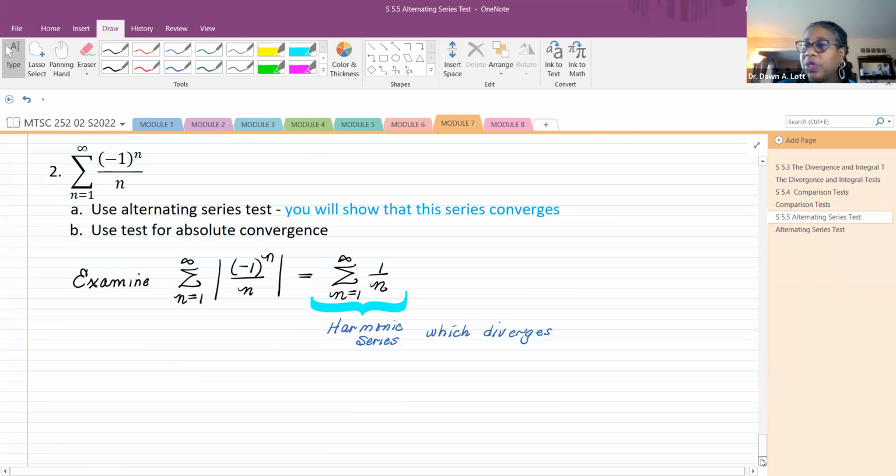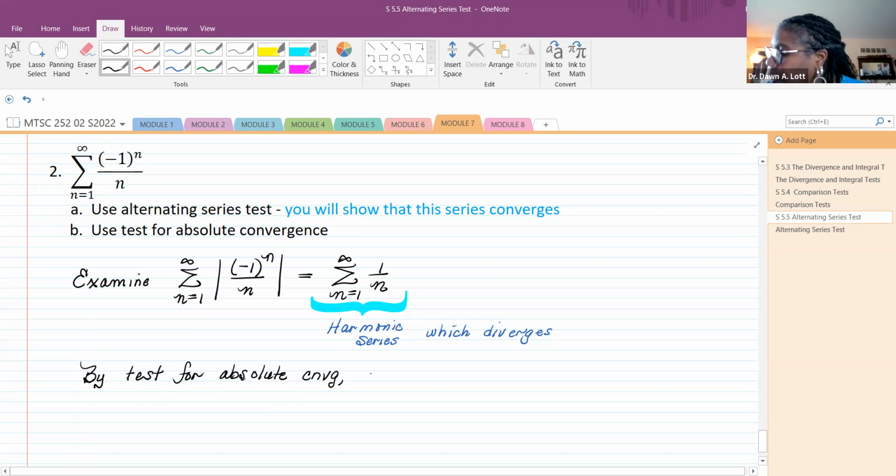So the only thing we can say here is by the test for absolute convergence, this series does not converge absolutely.